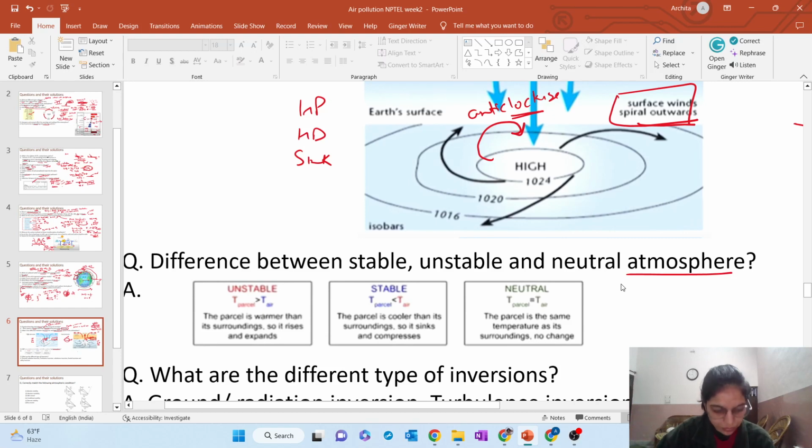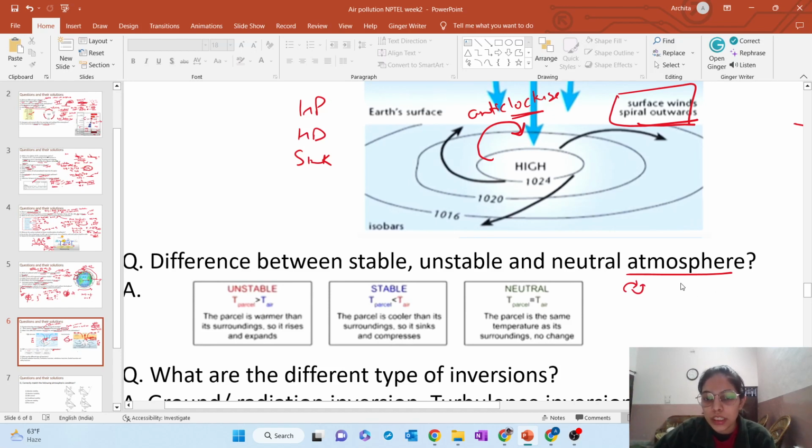Now, of course we have mathematically derived these, but what we understand is that when the atmosphere is unstable, it means that there is a constant circulation, right? The atmosphere is not settled. There is constant upward and downward motion of the air particles.